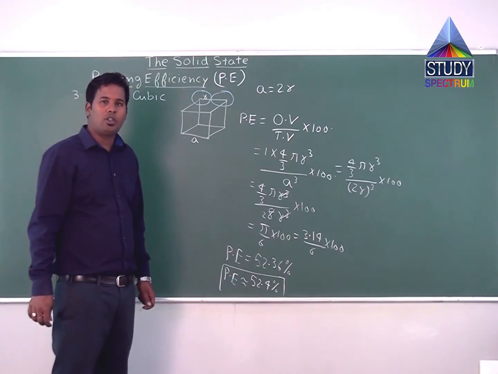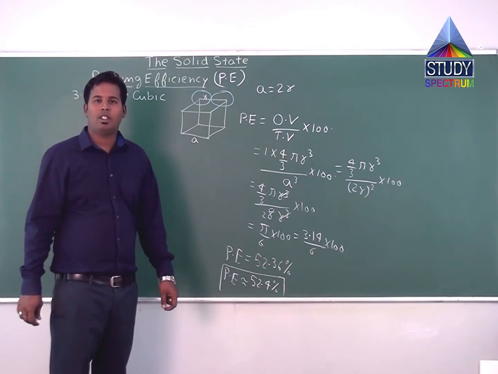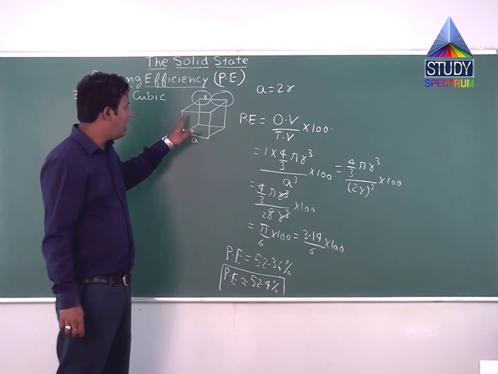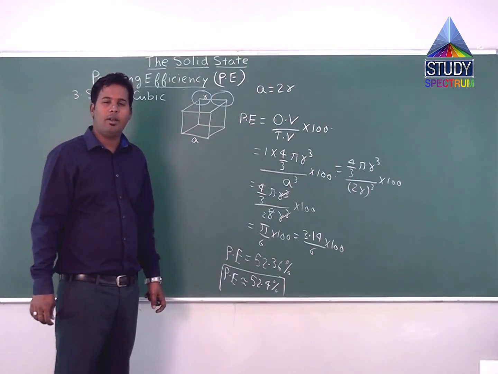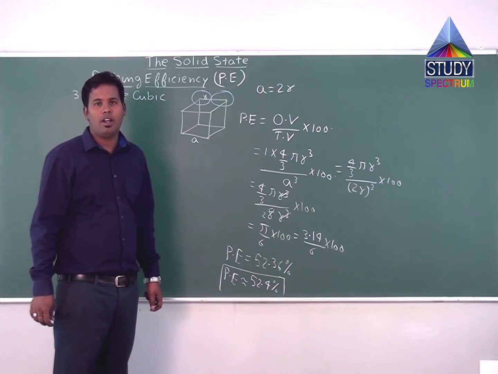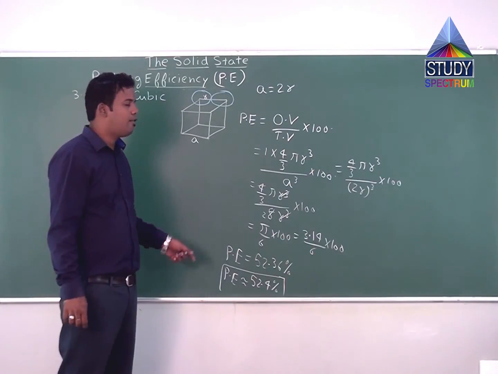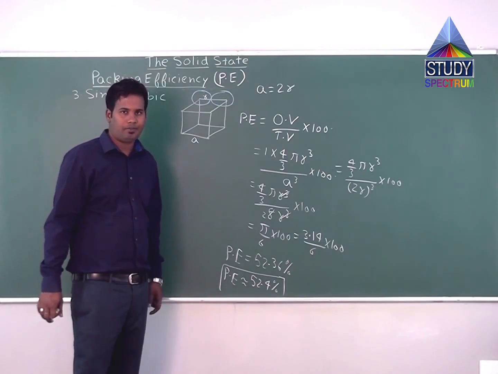So the equal portion for each cube will be simply 1/8. Since there are 8 corners in this cube, 1/8 coming from each corner means 8 into 1/8, that is 1 effective sphere if we join all those parts.